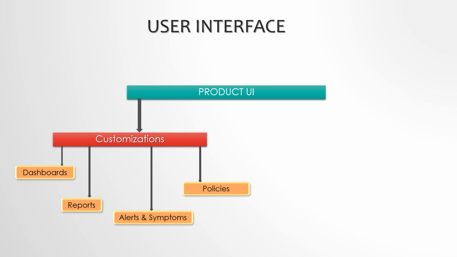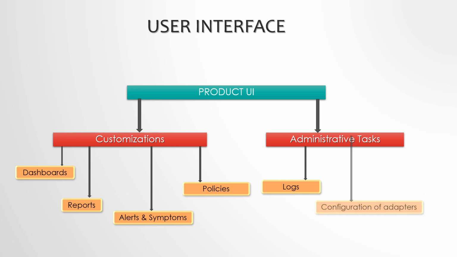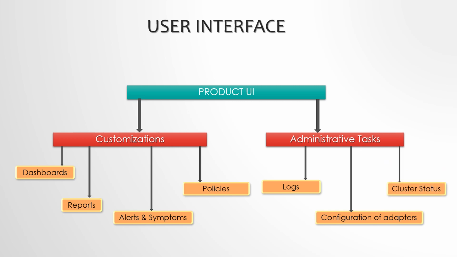This UI is not only used for customizations, it is also used for performing certain administrator related actions. For example, you can check the logs, configure adapters for the sources that you want to monitor, and you can even check the status of your vROPs cluster plus the status of the nodes and many more things.